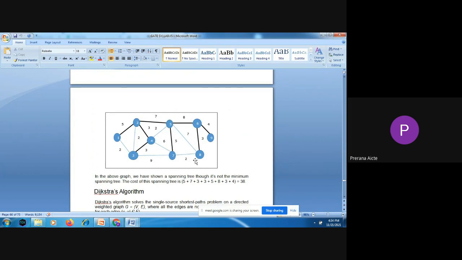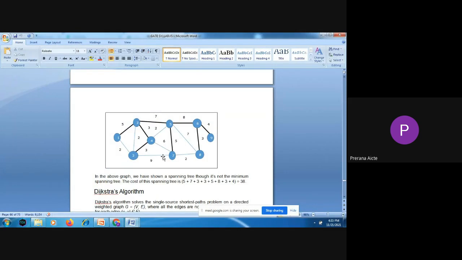What does Kruskal's method mean? We need to arrange the edges of the given graph in ascending order of their weights, and take the first edge, which has the minimum cost, as the first edge in the spanning tree. Next you take the next minimum weight edge, but while including that edge in the spanning tree, you should check that it does not form any cycle.